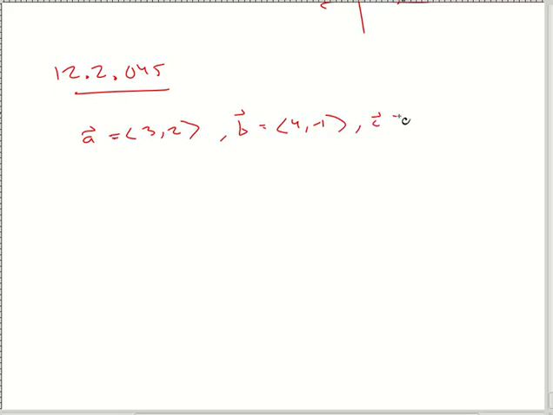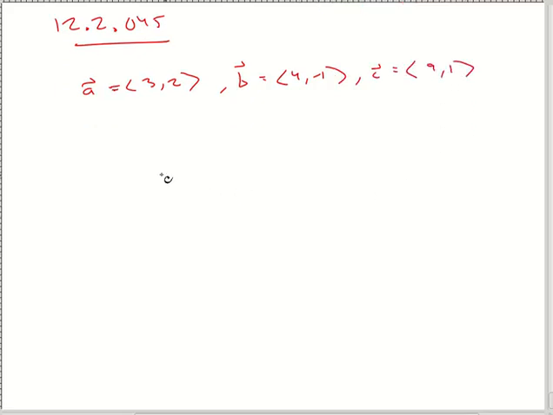And then my C is 9, 1. Excellent. They're saying that C vector is equal to S A vector plus T B vector. And they want to know, what is S equal to? What is T equal to? And they actually want to know the decimal for it, and they also want to know the exact value. And I'm going to basically show you how to find both of them.